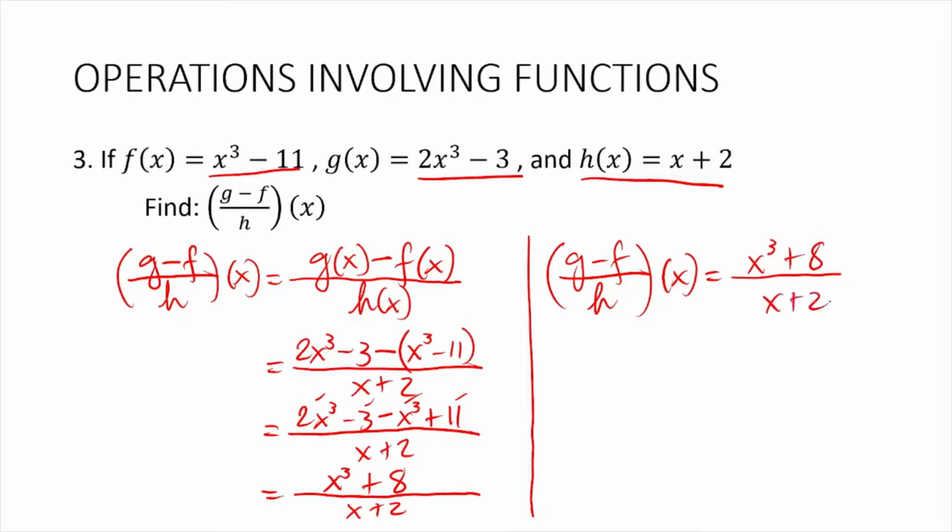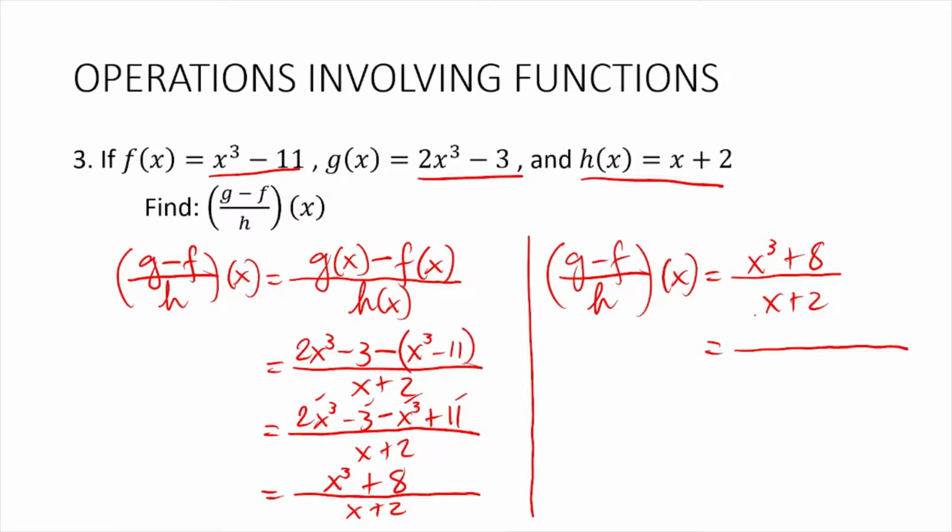Okay. And then we simplify by expressing, in this case, we have x cubed plus 8. We express this in its factored form. Okay. X cubed plus 8, this is sum of 2 cubes. Okay. So we can factor this one.